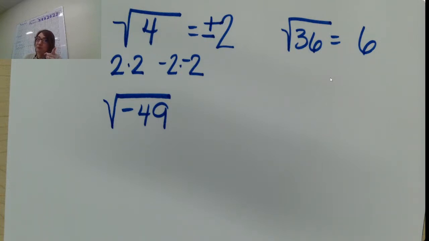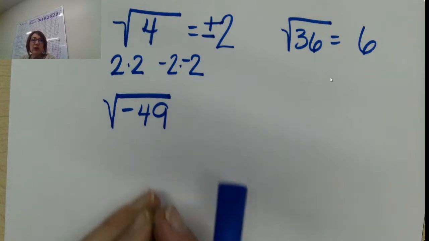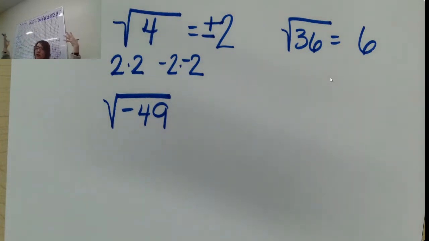The only way you can get the number -49 is if you multiply a positive times a negative, right? And if you're multiplying a positive times a negative, those are not the same number. Those are two different numbers, right? So at first they would just say, this is impossible. I can't take the square root of this negative number.